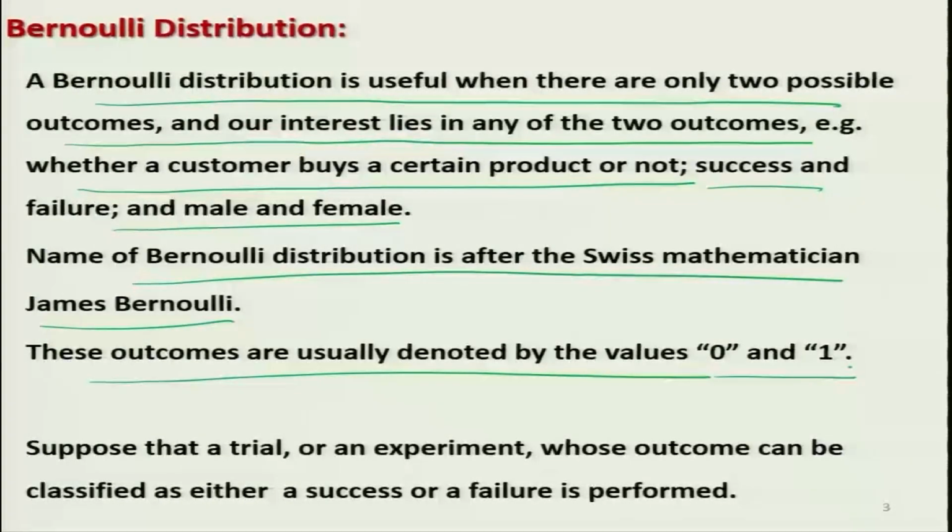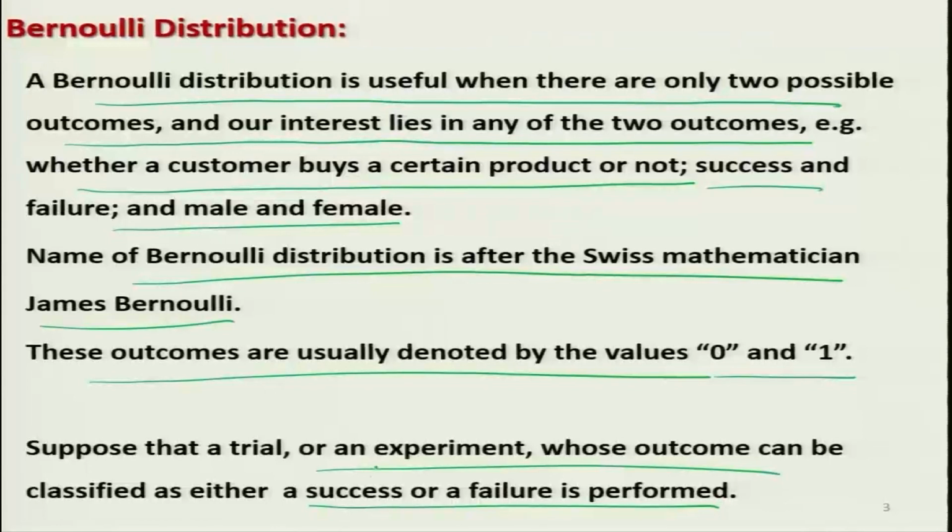Well, we already have seen that whatever outcome we are getting has to be converted into some numerical value, and that is what we had discussed when we initiated the discussion on the random variable. So, suppose that there is a trial, an experiment whose outcome can be classified as either a success or a failure.